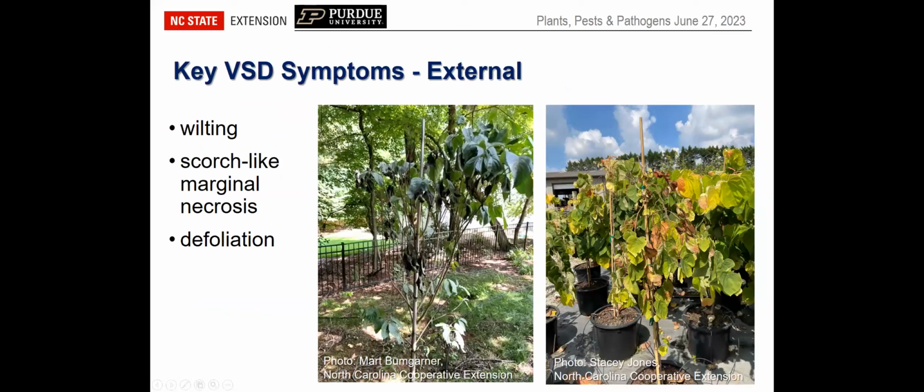What symptoms would you see externally? It's going to be wilting, sometimes with a scorch-like marginal necrosis that could be confused for bacterial leaf scorch, and I'll mention that in a little bit, and defoliation. So these are symptoms, but they're not definitive, because you can have a lot of things that can cause a tree to, let's say, wilt or get scorch-like burn on the margins.